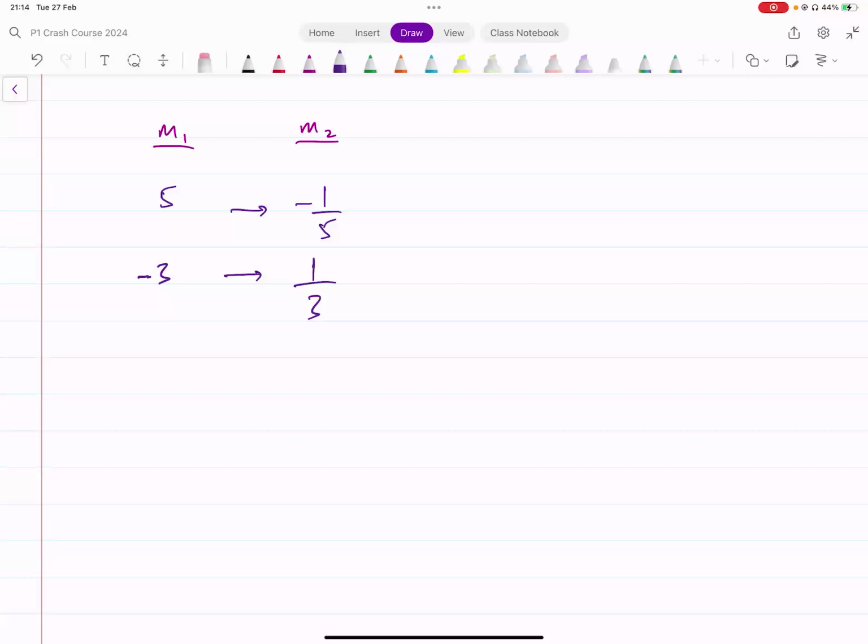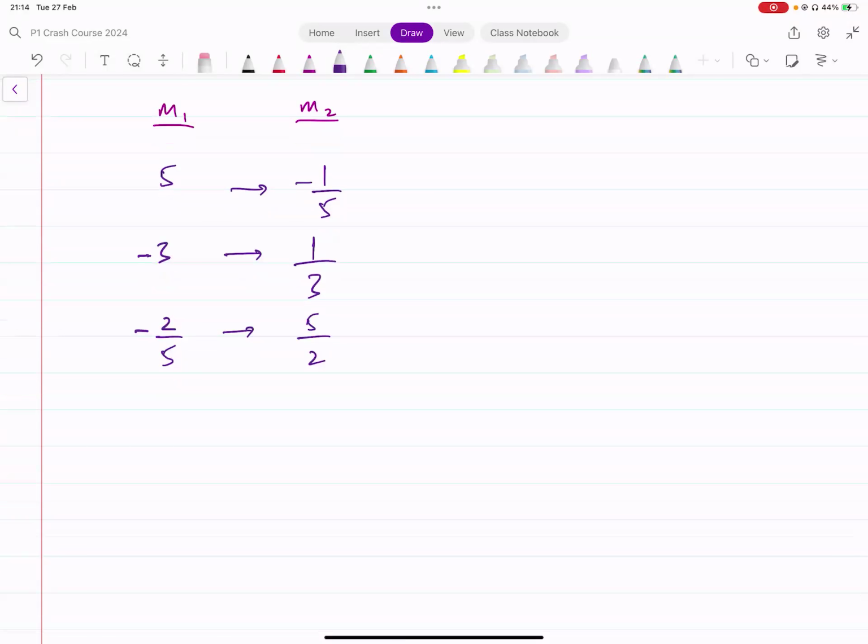If you have something like minus 2 over 5, what would that become? That will become 5 over 2 for the other line, for the perpendicular line. Similarly, if you had 1 over 6, let's say, what is this going to become?